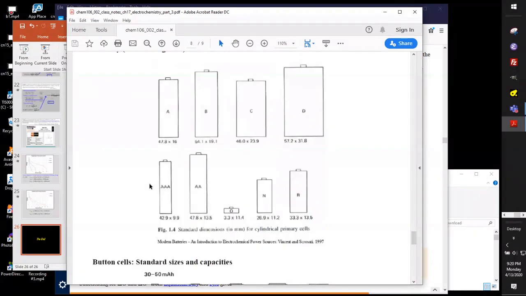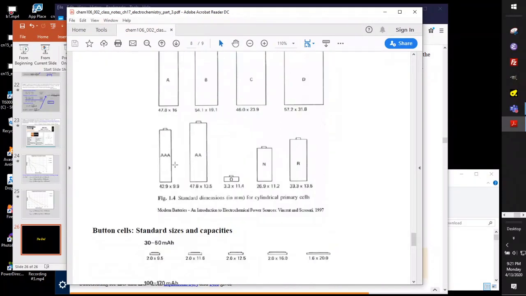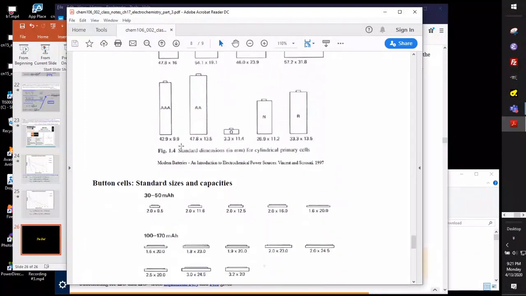Like a D battery is supposed to have dimensions of 57 by 32 millimeters, roughly, the diameter and the height of the can. AAA is only about 43 millimeters by about 10 millimeters. So this chart here just describes the size of all the battery cans.